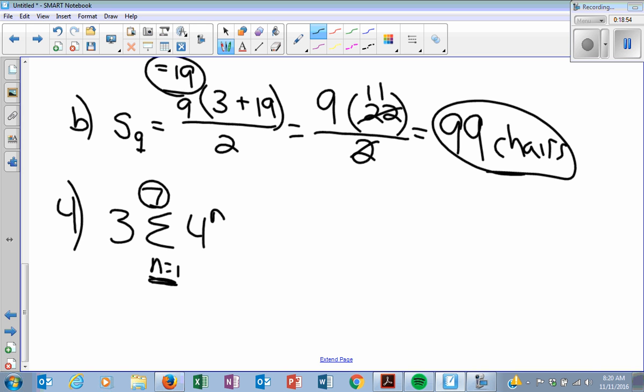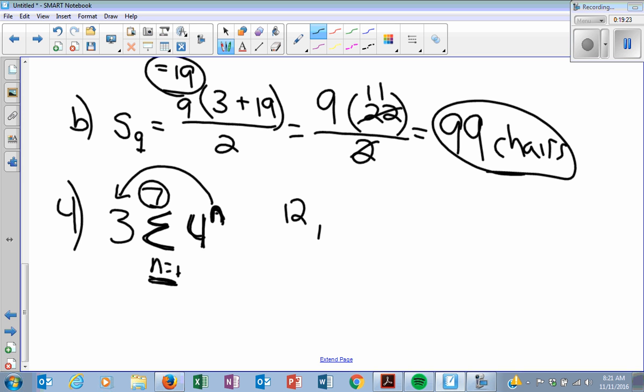So if I wanted to complete this sequence, remember this means that I would be adding all these numbers together, but if I just wanted the sequence, I just wanted the numbers, I would plug 1 in here, right there, into the n. And 4 to the first power is 4. Then I have to take it and multiply it by 3. So the first term in this sequence is 12.